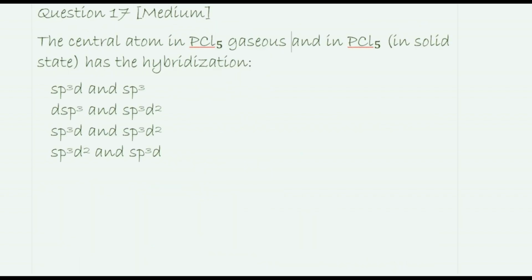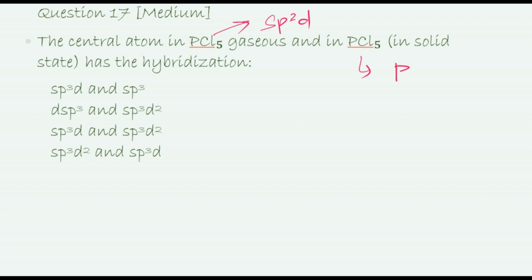This question: central atom in PCl5 in gaseous and PCl5 in solid. So what is the hybridization? The big thing about this question is that you have to know the difference in gaseous and solid state. Gaseous state you can easily observe. The hybridization would be sp3d. We very well know how to calculate that.